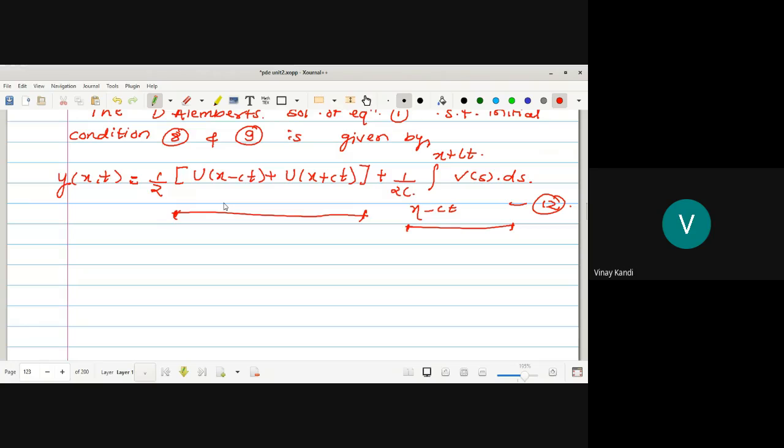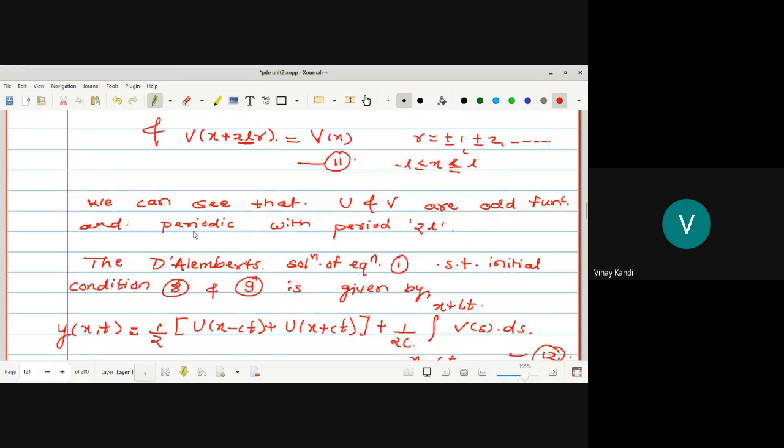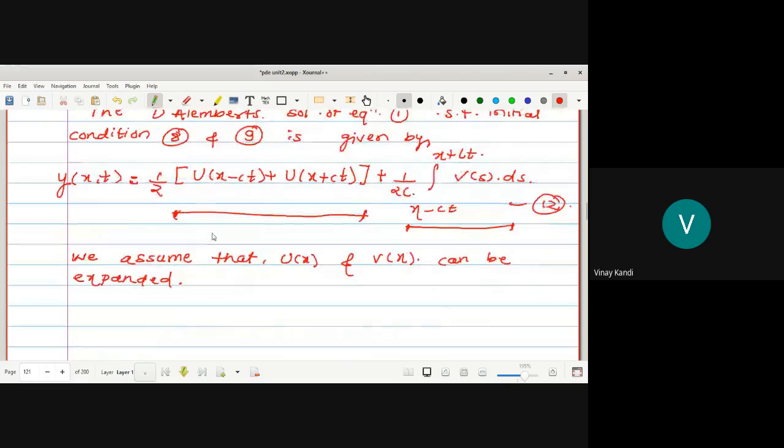Now this is the solution for the vibration of an infinite string. Keep taking equation number 12. Okay, we assume that capital U of x and capital V of x can be expanded. एखादा फंक्शन पिरियडिक असेल तर त्याला आपण फुरियर सिरीजमध्ये एक्सप्लेन करू शकतो.